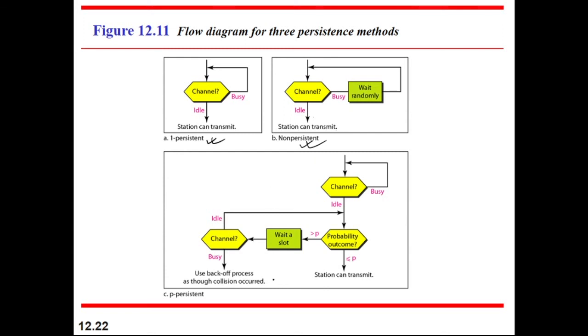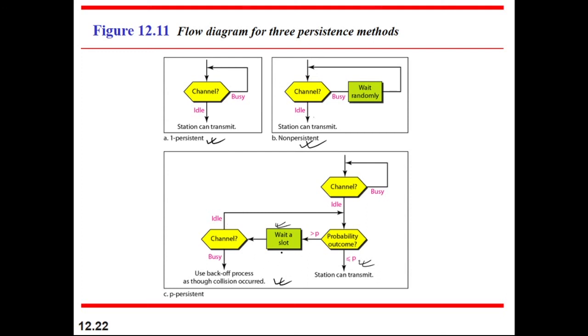And for p-persistent, if the channel is idle, then with probability p the station can transmit the data, and if it is busy, then the station needs to wait a slot, then again it needs to check the channel, and do the same thing.